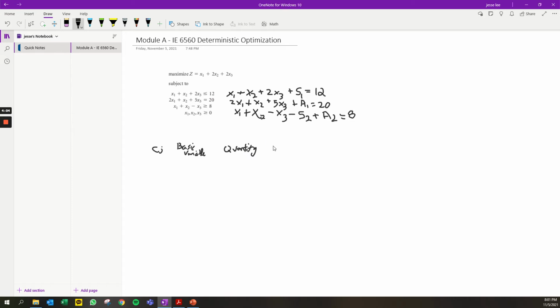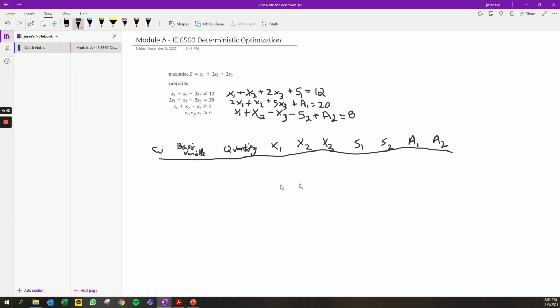So we have x1, x2, x3, and then we have s1, we have s2, we have a1, and we have a2. Okay, so you can draw a line. This is what we're working with for this problem.